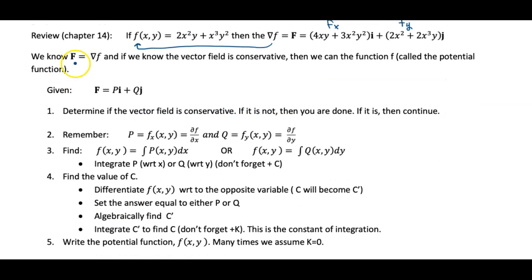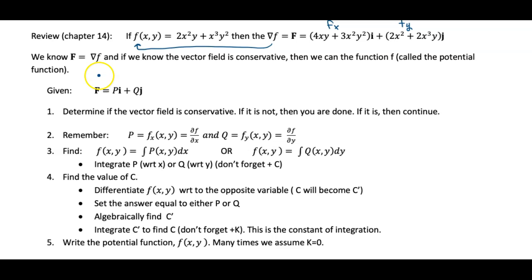And this is our method. If we know that a vector field is conservative, and all this really means is that the vector field, which is a capital F, so this is our vector field, is the gradient of some scalar, just non-vector, function, then we can go from starting off with this gradient to the original function.